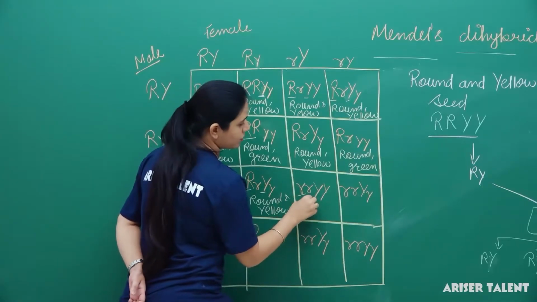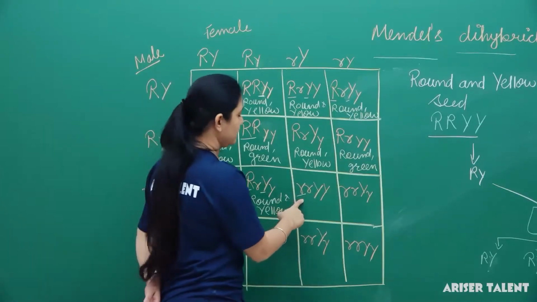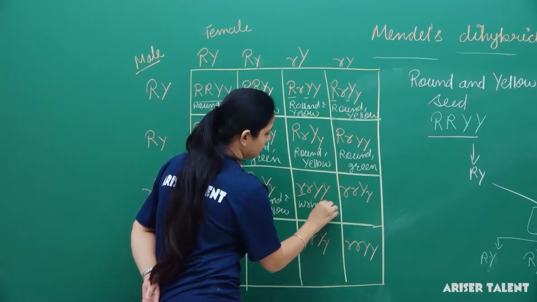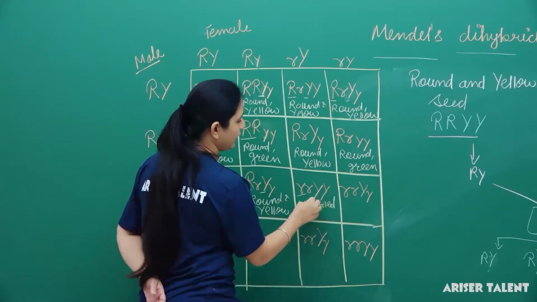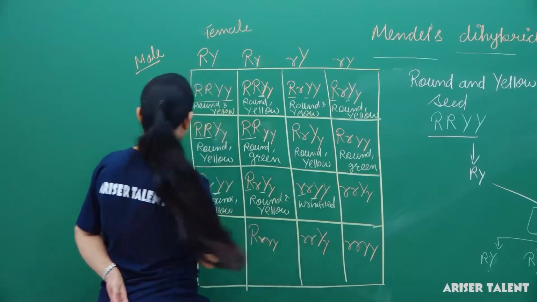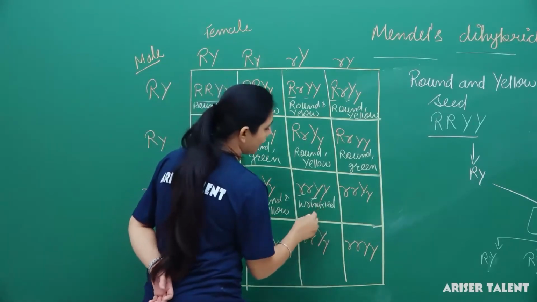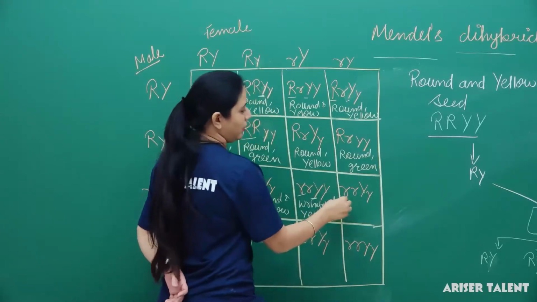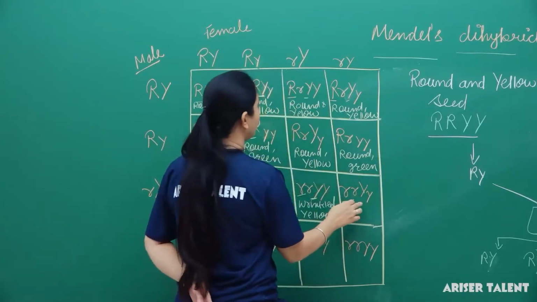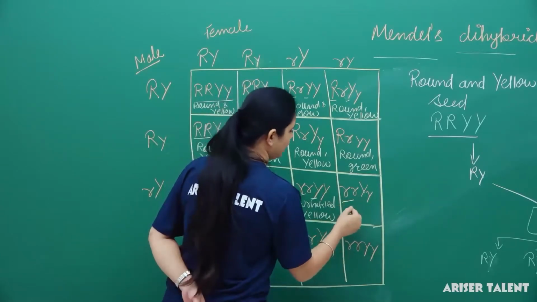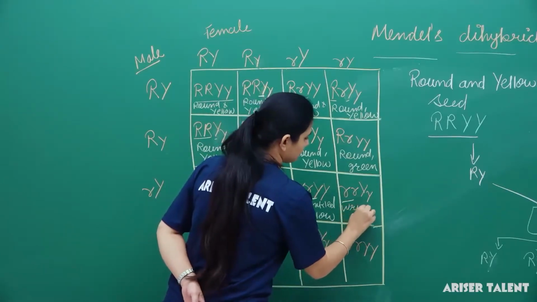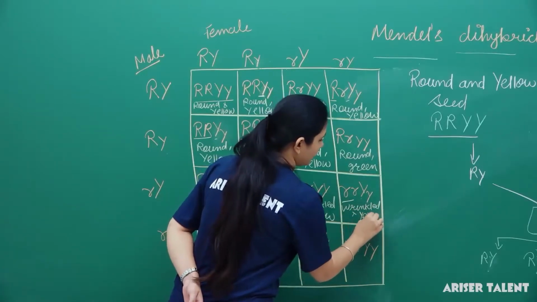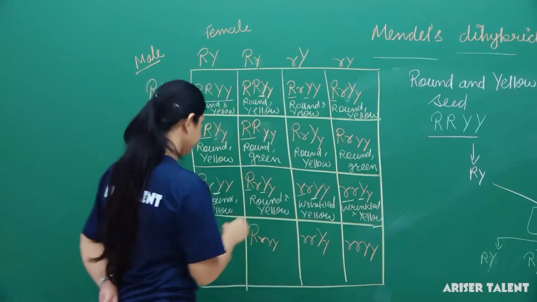Here we can see it is wrinkled, and here Y is dominant, so wrinkled and yellow. And here wrinkled and yellow, because here Y is dominant.